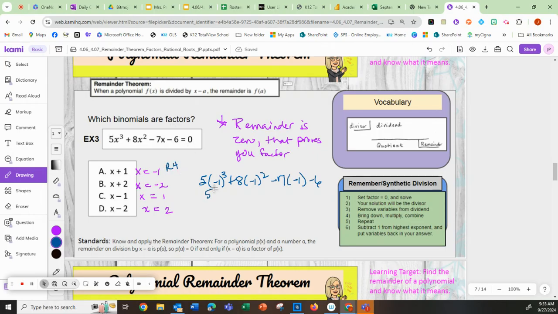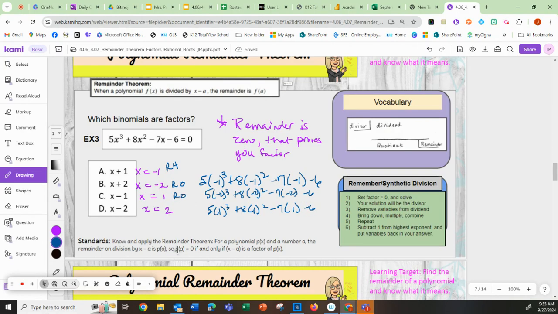When I plugged in -2 for every x, I got a remainder of 0. When I plugged in +1, I got a remainder of 0.